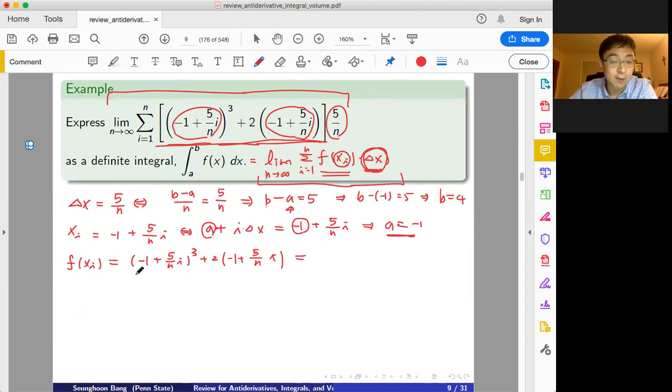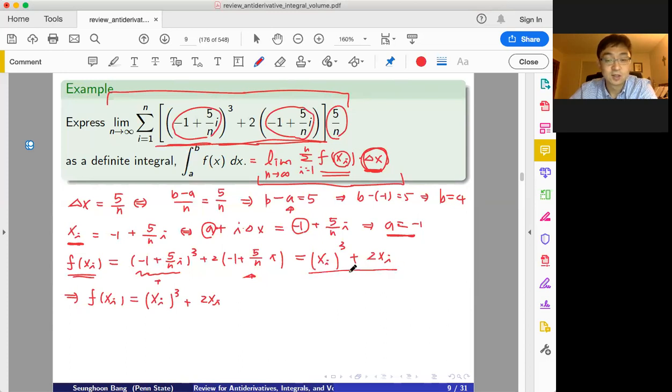So what is -1 plus 5i over n? Exactly xi. We can replace it by xi cubed plus 2 times xi. So f of xi equals xi cubed plus 2xi is right here.